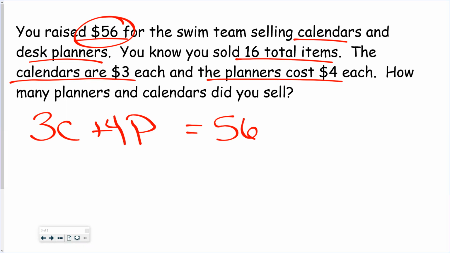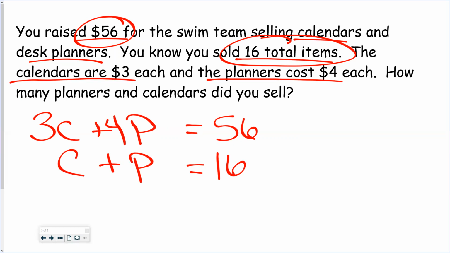So 3C plus 4P equals 56. All right, now my other total that they gave me was the number of total items that I sold. That's 16. So that's going to be my second equation is equal to 16. So however many planners and however many calendars I sold is going to equal 16.